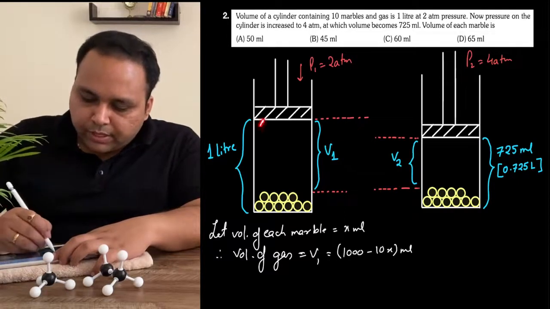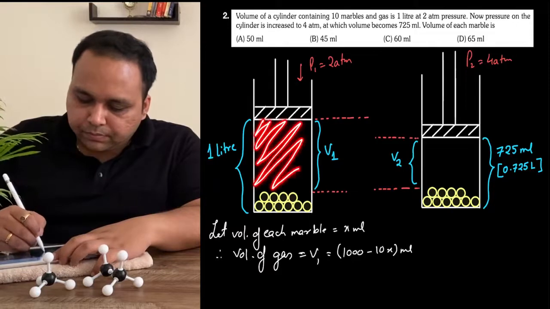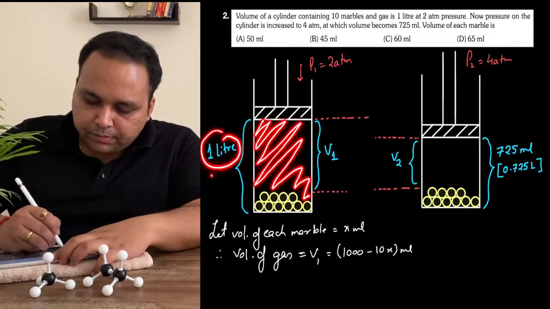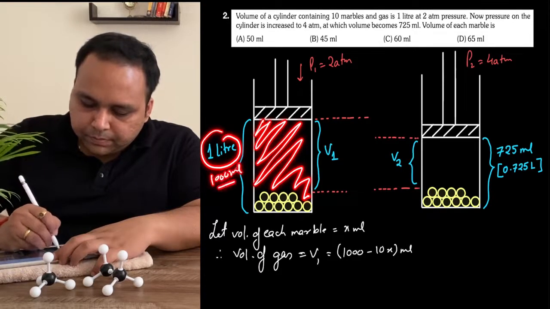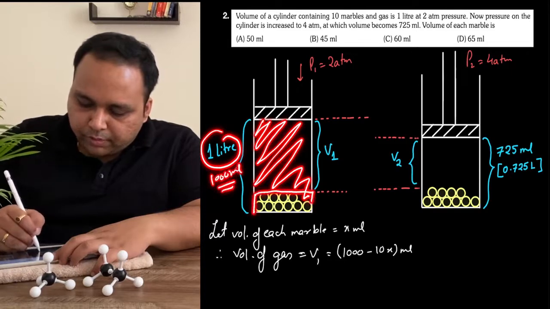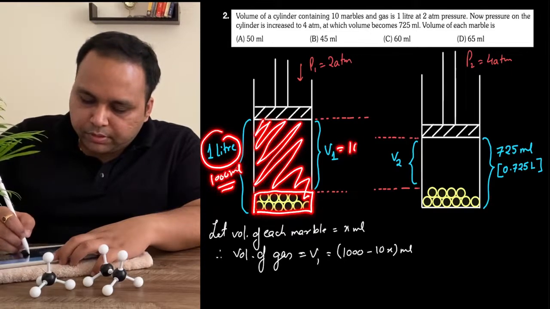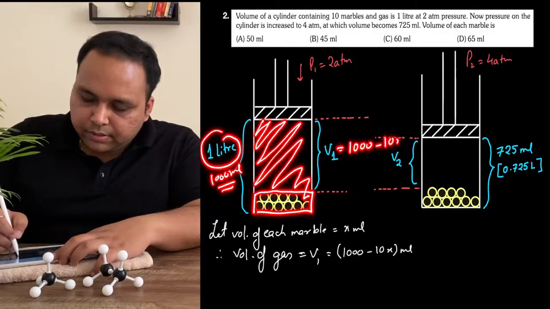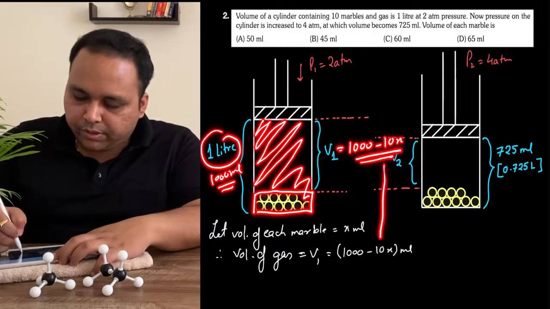So the volume of the gas that is filled here will be 1000 ml minus the volume of these 10 marbles. So V1 becomes 1000 minus 10x ml. That is what we have written here.